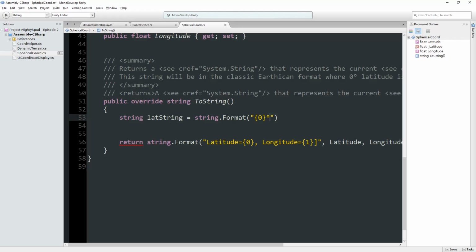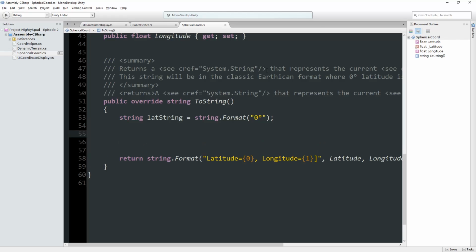Yeah, but this value is a little interesting. Tell you what, I'm just gonna default this to 0 degrees. Because what I'm gonna do is convert this to the classic Earthican visual format, just so it looks fine on screen, even though internally we're representing things differently. Because that's not gonna be confusing at all, right?